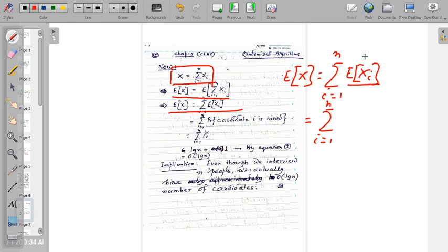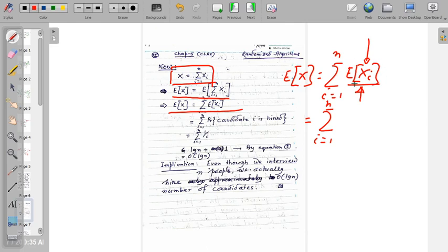This is related to the experiment that the ith candidate is hired, that means that particular ith interview I am looking at. What is the expectation on that interview? How many people will be hired in expectation?